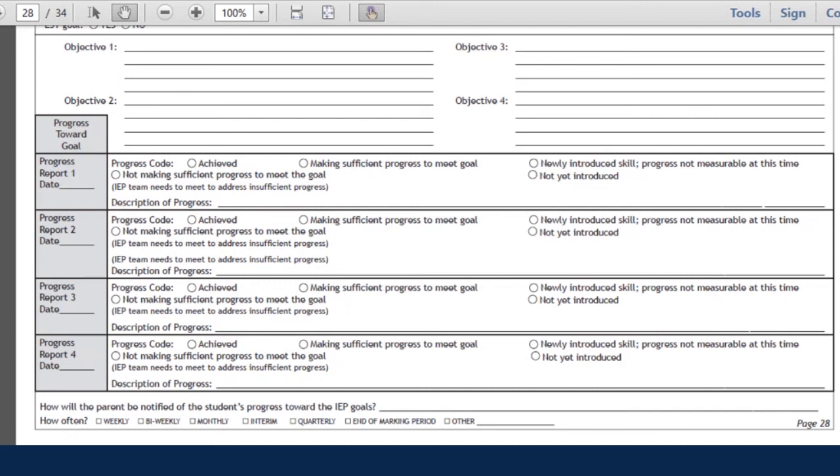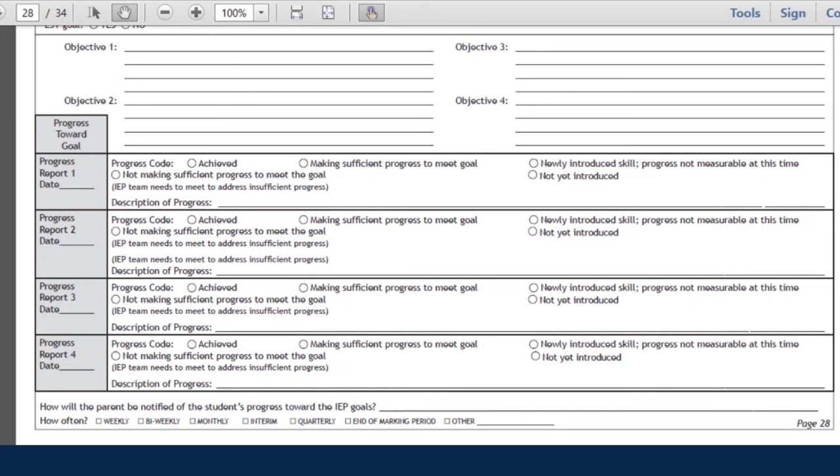So if someone is at like 3 to 4 words in the first quarter, then hopefully they would see 4 to 5 words in the second quarter, or 5 to 6 words in the third quarter. So you're seeing progress. But if suddenly you're seeing regression, then that's a red flag that maybe there's a problem. And that is when an IEP meeting should be reconvened to evaluate.